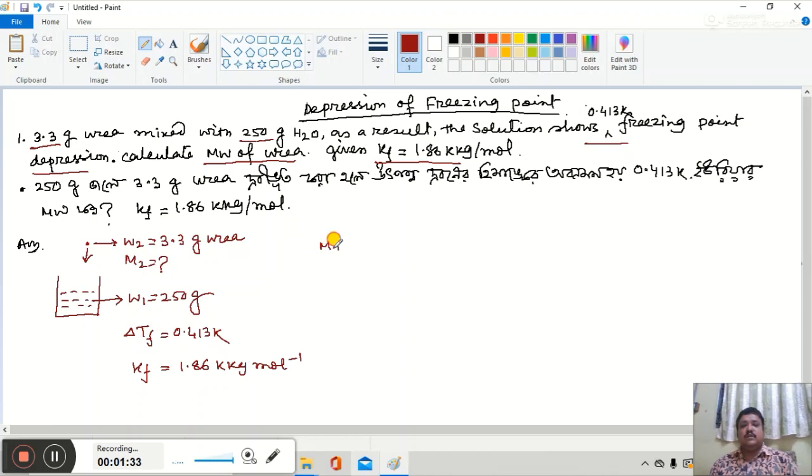Now the equation is M2 is equal to Kf into 1000 W2 by W1 into del Tf.